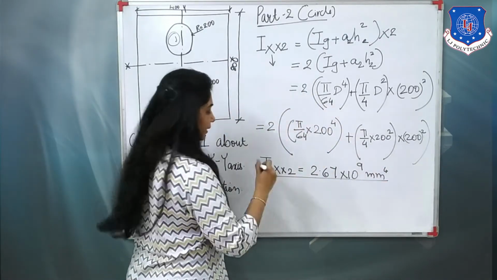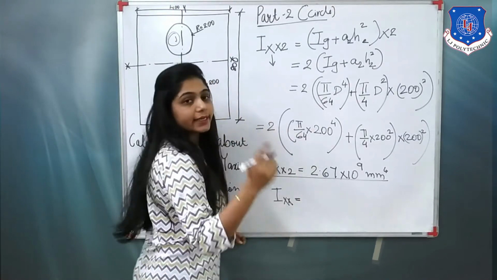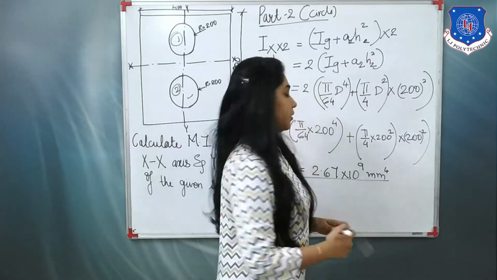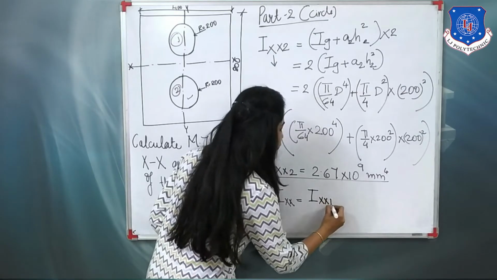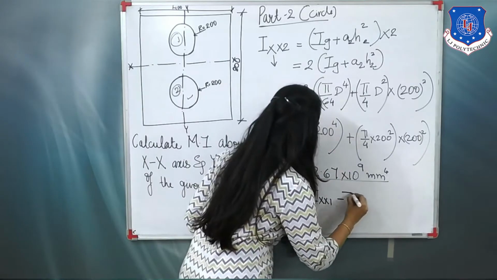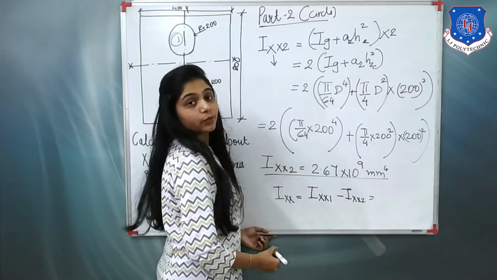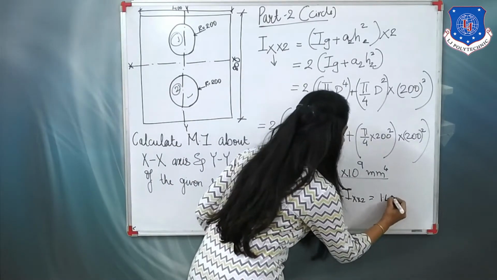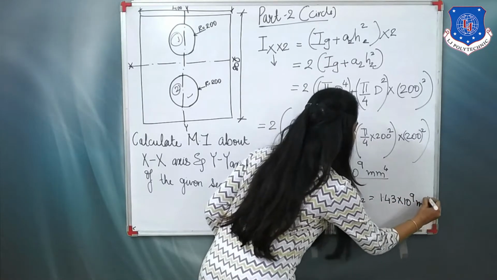To get the final Ixx, usually we add Ixx1 and Ixx2. Now, as per this sum, what do I get for final Ixx? Ixx1, then we have to minus the circular part, which is Ixx2. Finally, what I get for Ixx is 1.43 into 10 raised to 9 mm raised to 4.